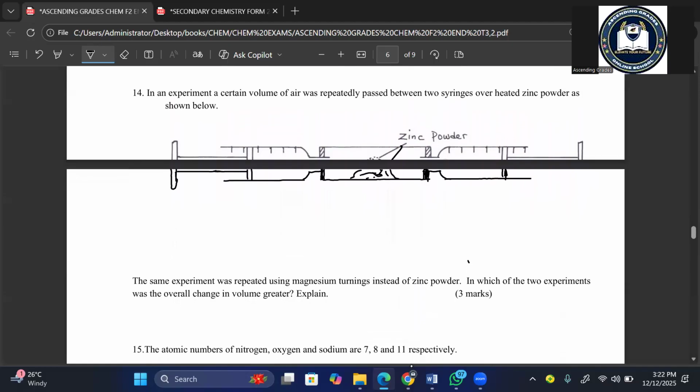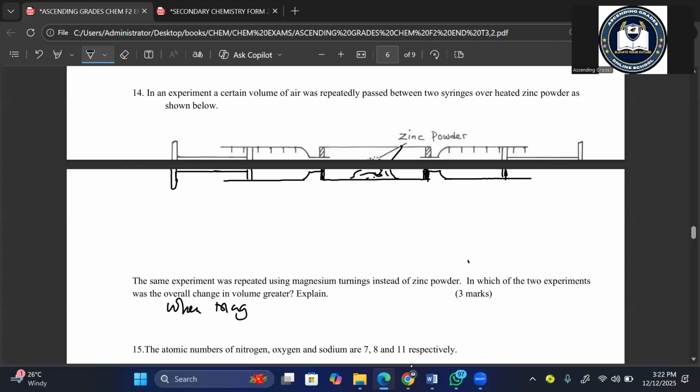In which of the two experiments was the overall change in volume greater? And then you are supposed to explain. We know that magnesium reacts with both oxygen and nitrogen to form magnesium oxide and magnesium nitride respectively. So we expect a greater change in the volume when we use magnesium.